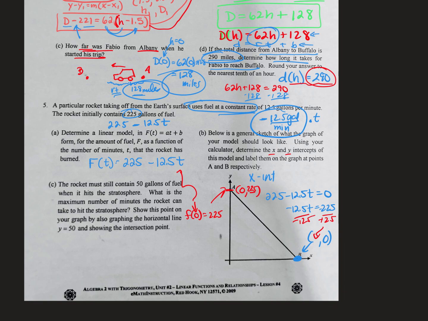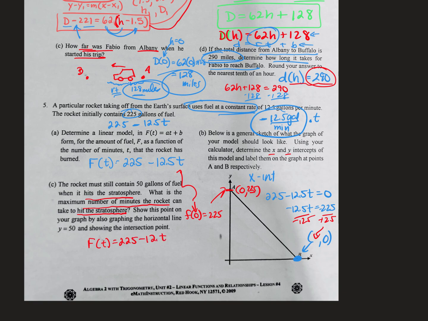And the rocket must still contain 50 gallons of fuel when it hits the stratosphere. What is the maximum number of minutes the rocket can take to hit the stratosphere? Well, here's our equation that calculates how much fuel we have based on time.